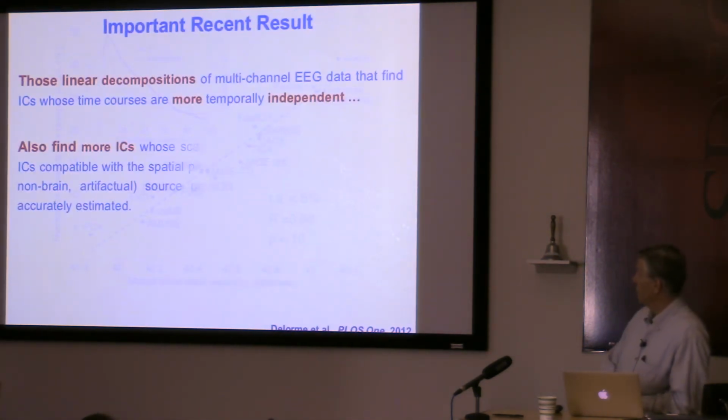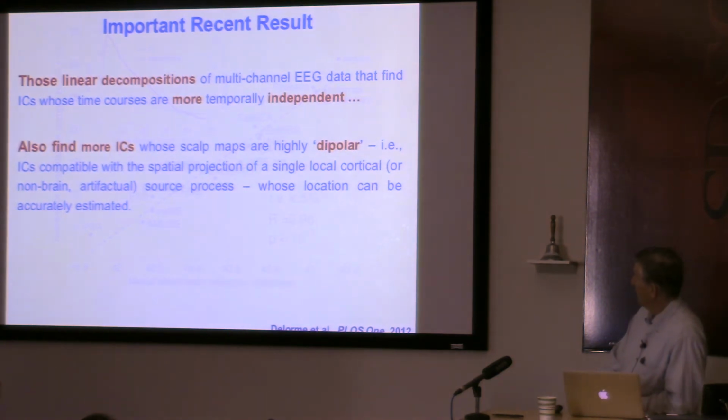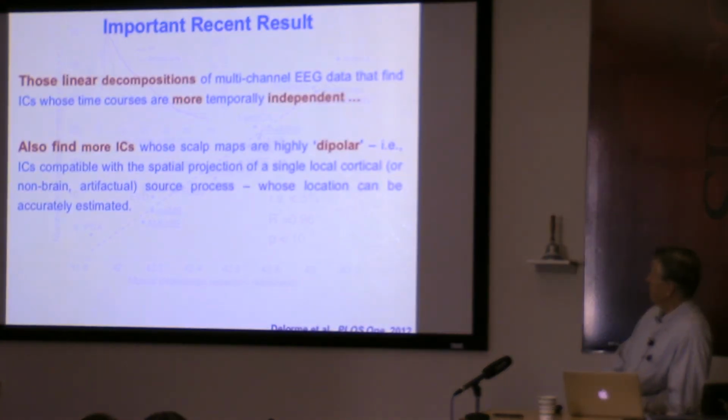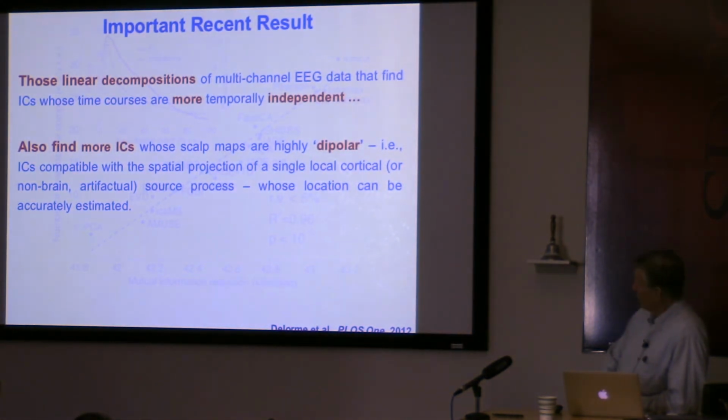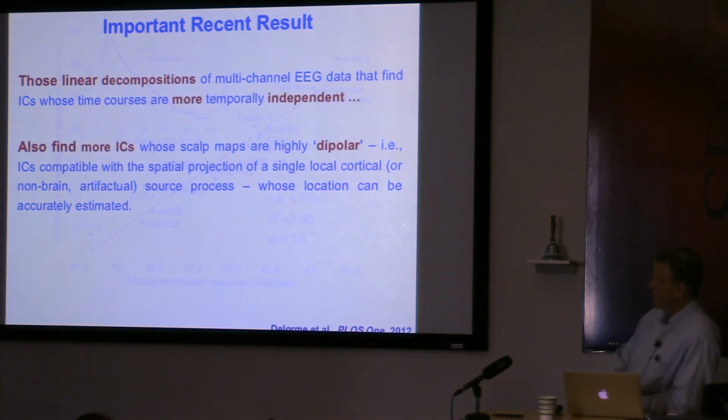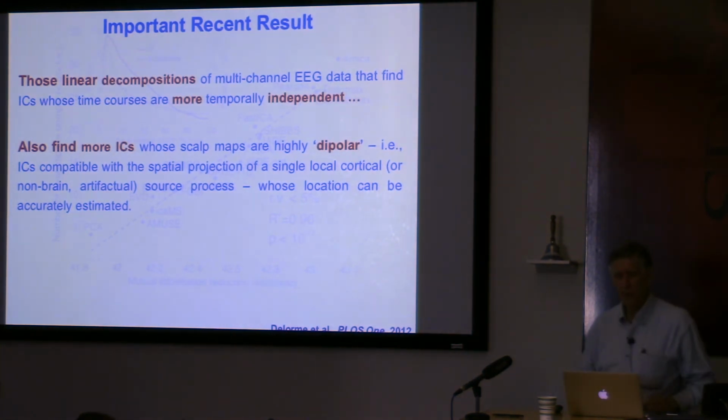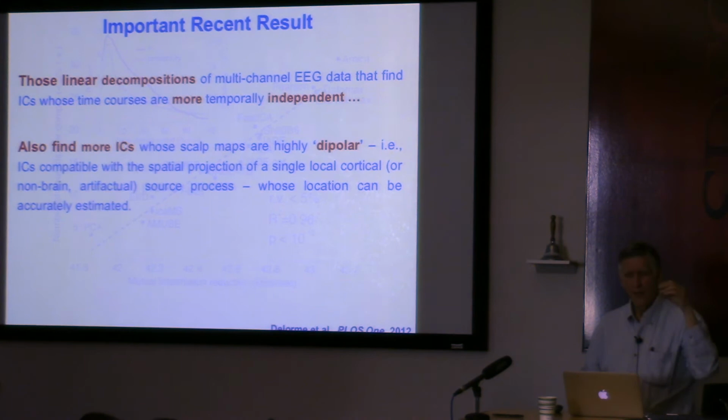Now, an important recent result, this is a paper, first author Arnaud Delorme. It showed this, basically. Those linear decompositions of multi-channel EEG data that find components whose time courses are more temporally independent. So the more the ICA is successful, it takes your channels, which are, of course, highly redundant, because they all receive contributions from the same sources. The more it transforms those into components whose time courses are mutually independent, the more of the components are associated with scalp maps that are dipolar.